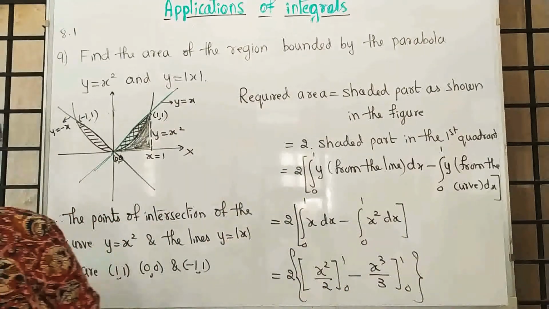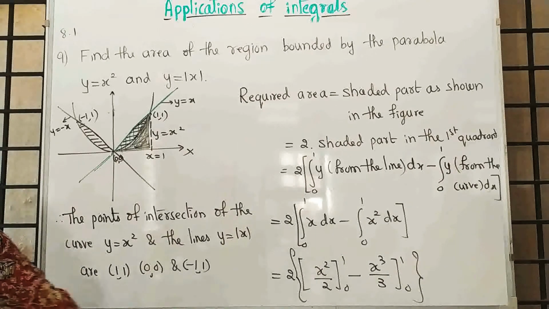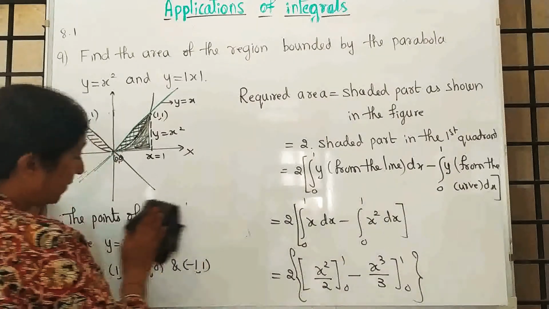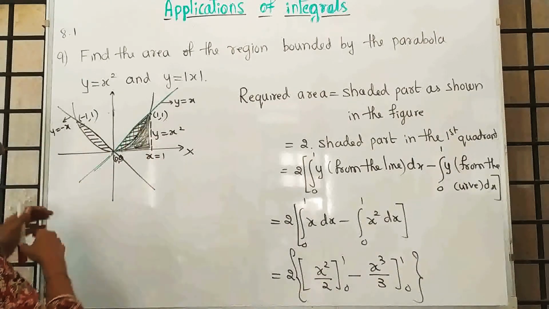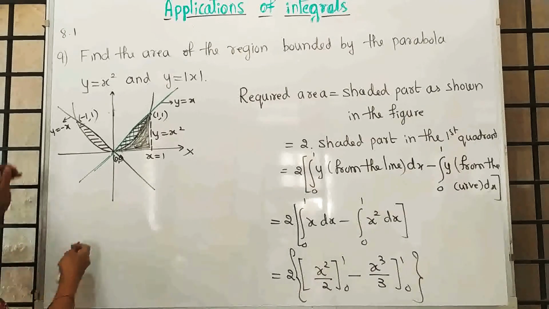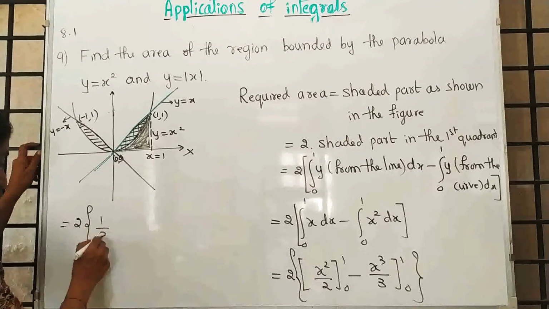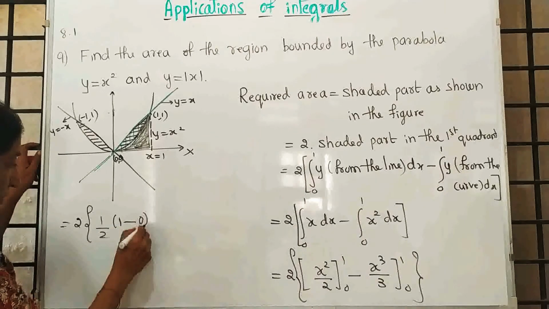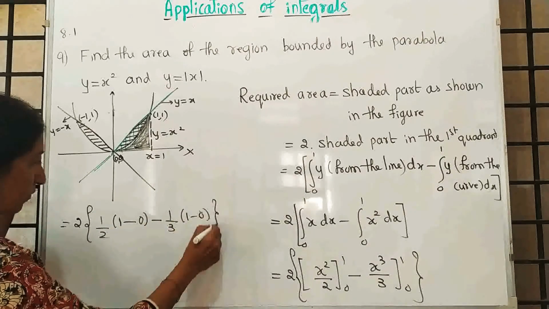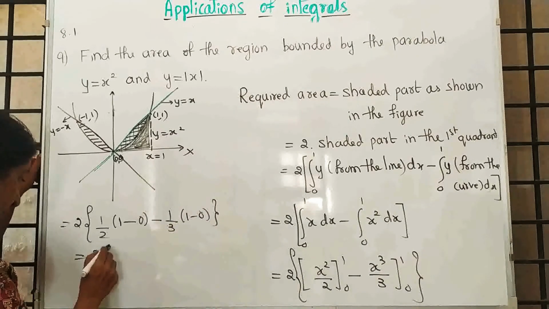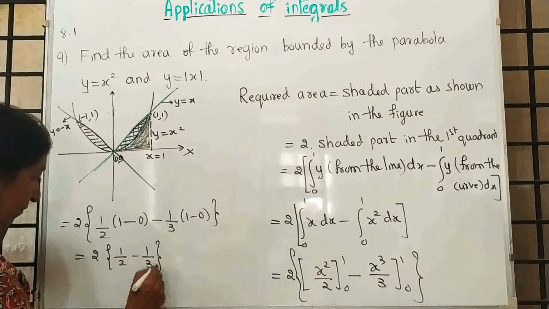Go for the calculations. That's why I am telling, if you are thorough in the first year analytical geometry, that is coordinate geometry, then only you are able to draw the figure. This is 2 into, in the bracket, 1 by 2 into 1 minus 0, minus 1 by 3 into 1 minus 0. 2 in the bracket, 1 by 2 minus 1 by 3.